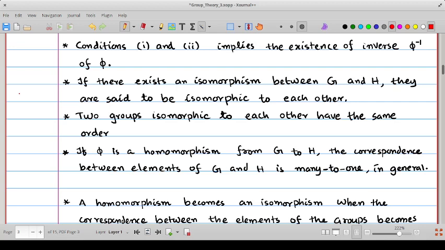So that means there will be as many elements in group G as there are in group H. So the orders of the groups G and H, which are connected by an isomorphism, are the same.